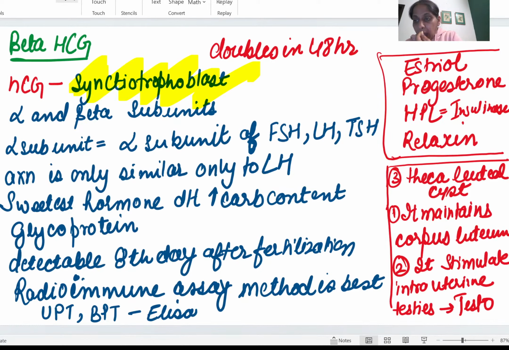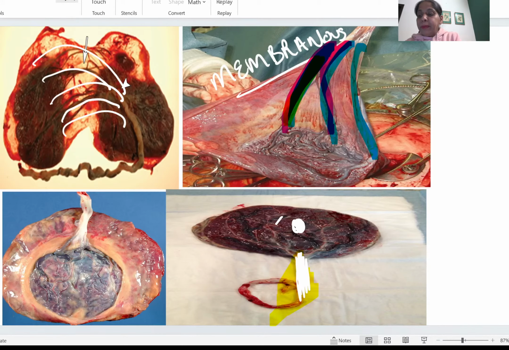Isra is asking how to differentiate between succenturate, bilobate and bipartite. See, succenturate is what is expected in your exam, and I told you that both lobes will be connected by blood vessels, whereas in bilobate they will not be connected by blood vessels, and in bipartite they are not connected by blood vessels, but the dimensions of both the lobes will be of equal size.